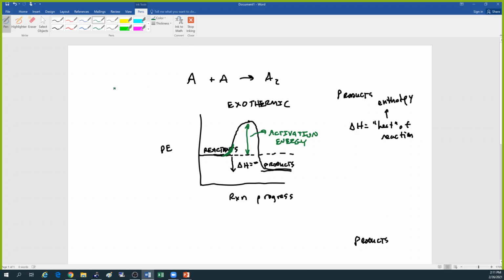So think about a graph we saw a long time ago called a Maxwell-Boltzmann distribution, where here we had the number of molecules, and here we had the kinetic energy, for example. So imagine now at a given temperature, at a low temperature, the majority of molecules, we said, are somewhere near the peak in energy.